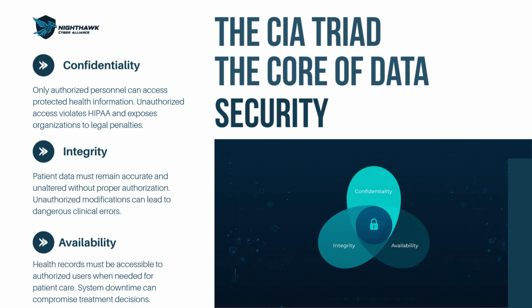Integrity means patient data must remain accurate and unaltered except through proper authorization. Unauthorized modifications can lead to dangerous clinical errors. Availability means health records must be accessible to authorized users when needed for patient care. System downtime, whether from an attack or a failure, can directly compromise treatment decisions.